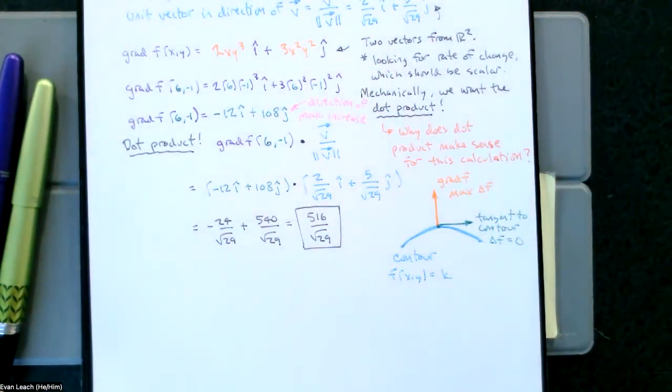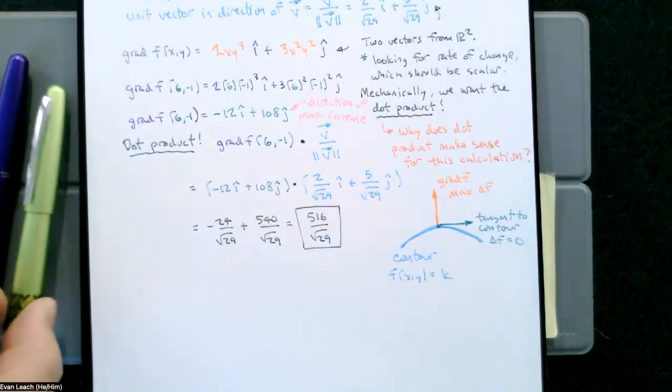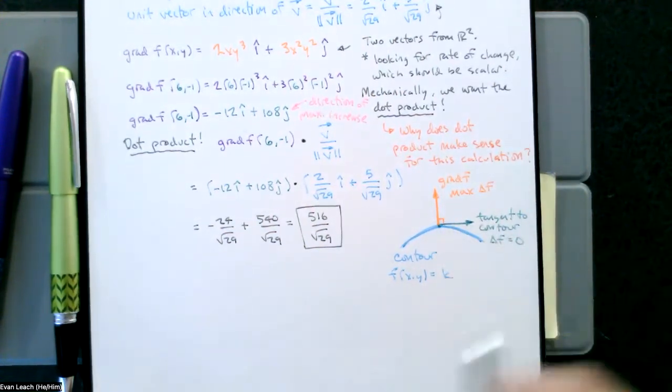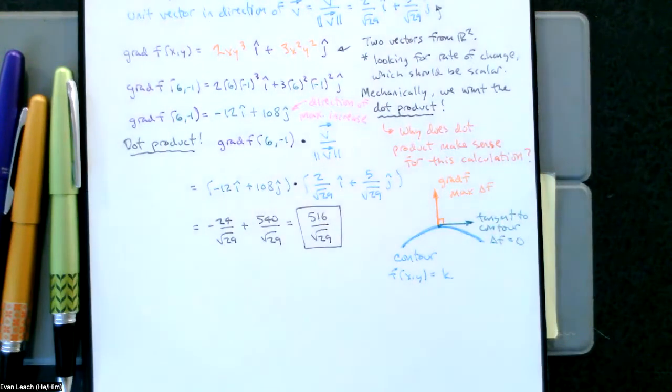If we're perpendicular to the contour and perpendicular to the tangent, that's going to be our maximum.